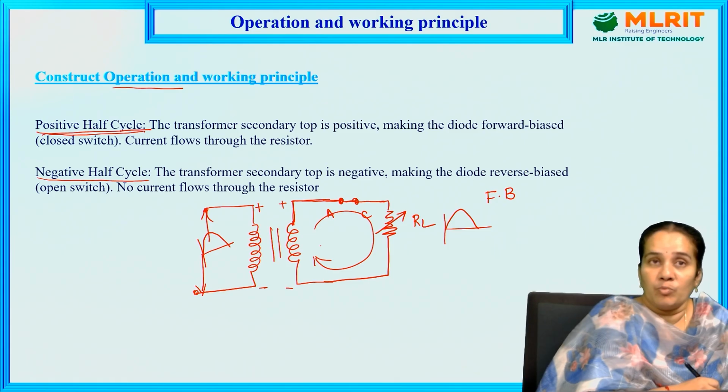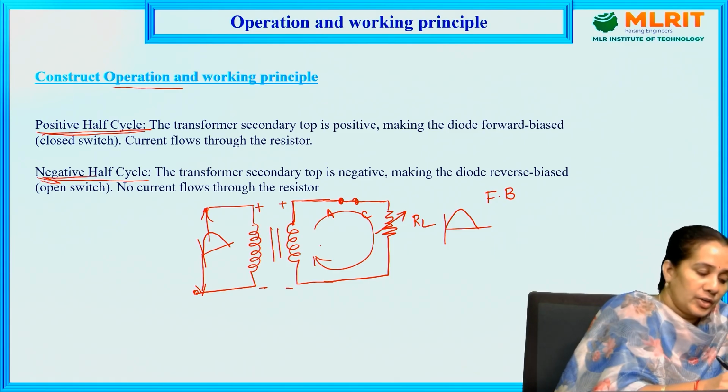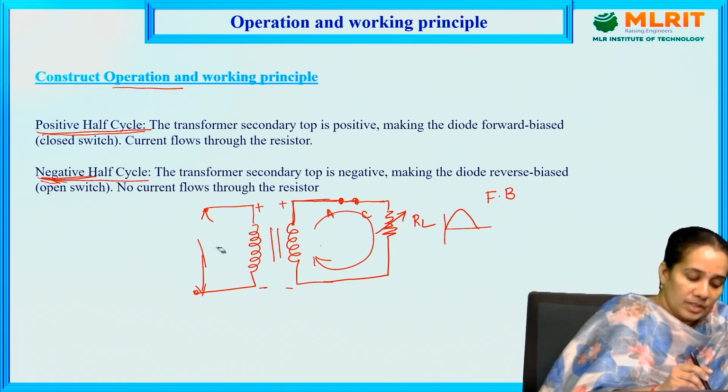And what is the second mode? The second mode is the negative half cycle. So what is happening for the negative half cycle?